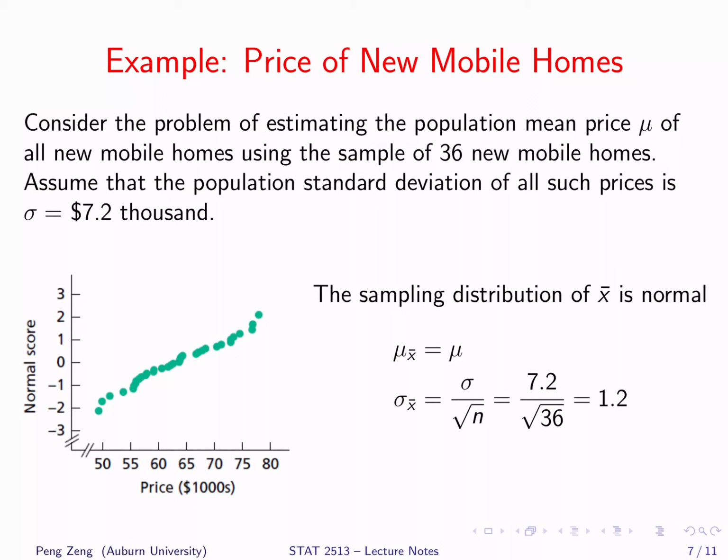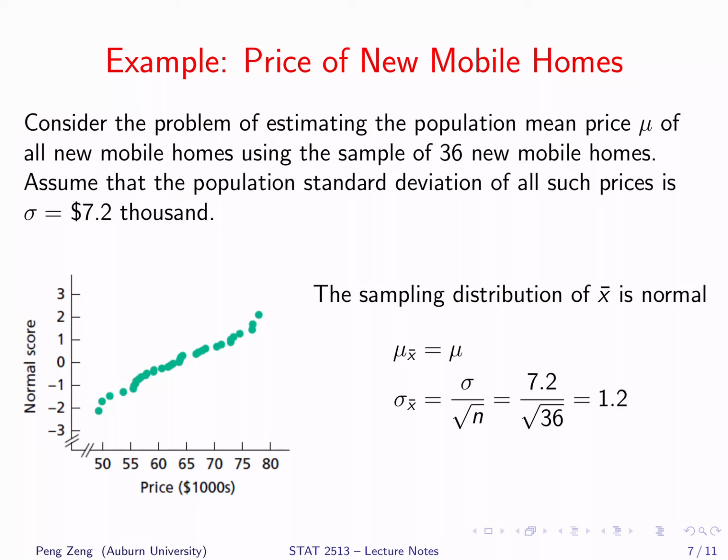The sampling distribution of X bar is therefore a normal distribution. We can calculate that the mean of X bar is the population mean mu. Of course, we don't know the value of mu. The standard deviation of X bar is the population standard deviation divided by the square root of the sample size.